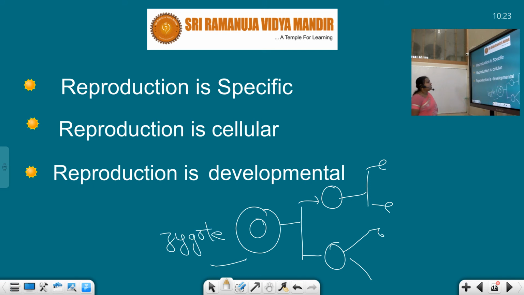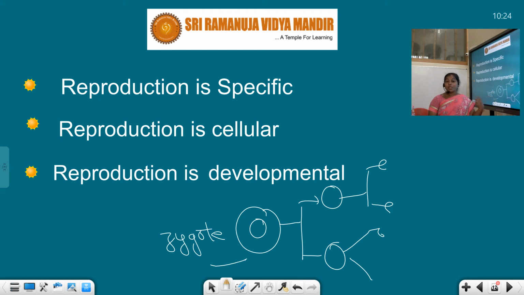Okay, now see here, what is the last point? Reproduction is developmental. There should be growth or development from its start. Every life starts with a single cell and develops into a multicellular organism at last.